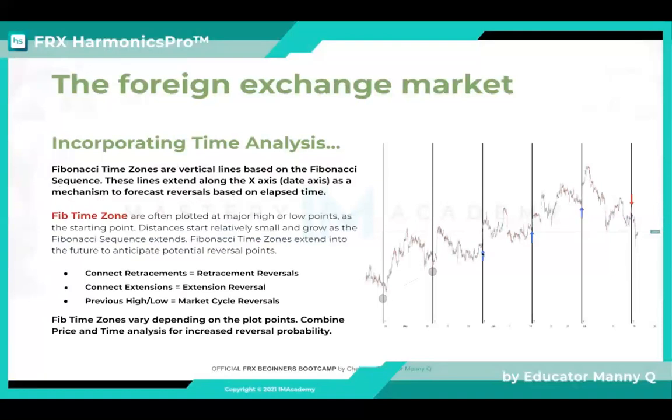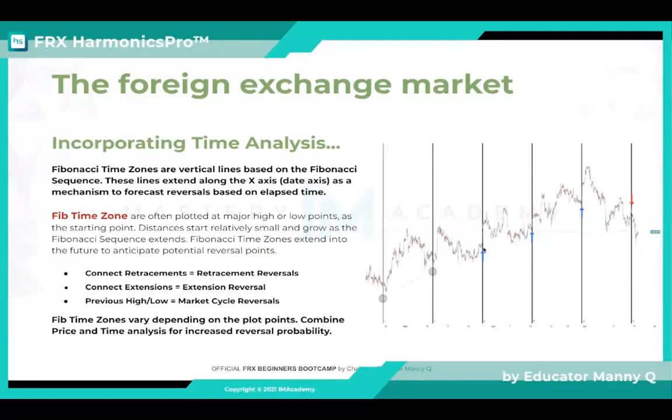It's not really so much about price. It's a time thing. These lines extend along the x-axis, which is the time axis, as a mechanism to forecast reversals based on elapsed time. Basically, every time the market passes one of these Fibonacci time zones, it's letting you know the market can reverse in this area.